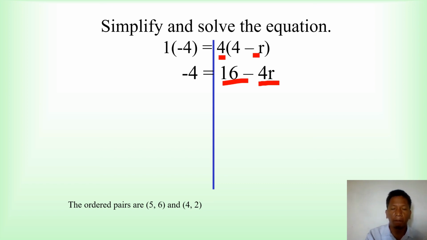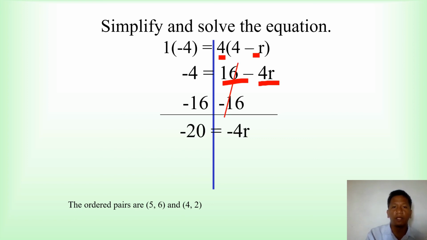Gets? And then next, we're going to eliminate 16 here. We're going to add both sides by -16. Yan. Then -4 plus -16, we have -20. 16 plus -16 cancels out, bring down -4r, and then divide both sides by -4.